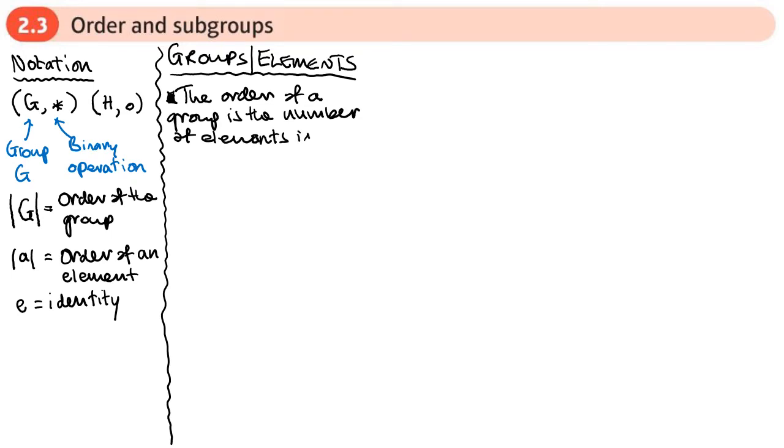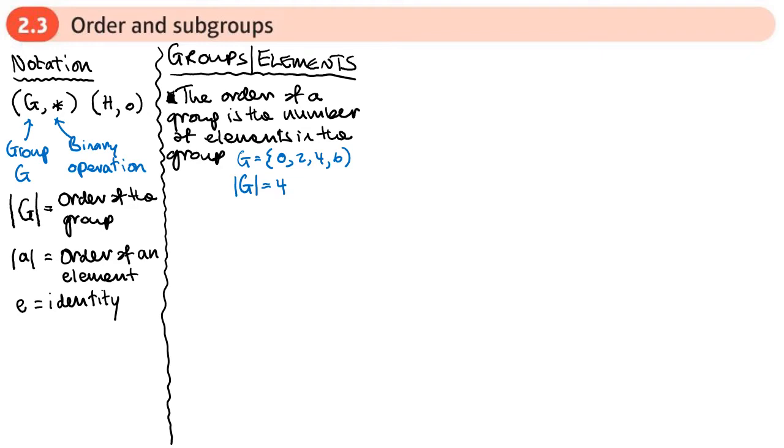So for example, if I defined a group that had these elements in, then the order of that group would be 4, because it's got 4 elements in it.